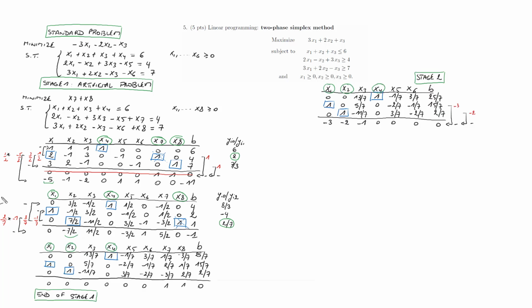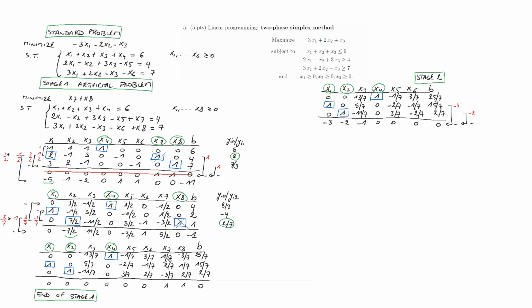Once we perform these row operations, we obtain the final tableau of stage 1 with the basic variables x1, x2, and x4 with associated pivots, right? And we can see that everything is okay because we recover the original cost x7 plus x8, and you see that the sum of x7 plus x8 is 0. So what we have done here is obtain a basic feasible solution for our original standard problem.